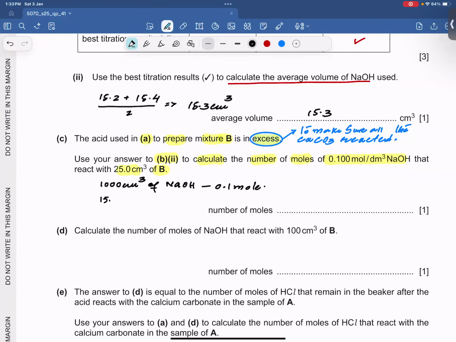If the average volume is 15.3 cm³, so it's 15.3 into 0.1 divided by 1000. It's going to be 0.00153 moles. Okay.